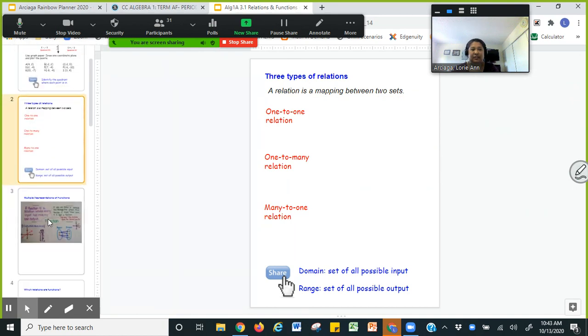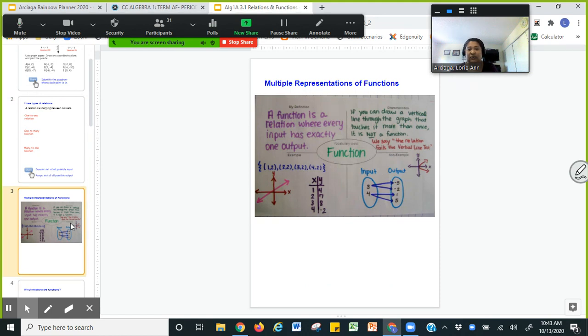Now let's move on to the third slide. Okay, I'm going to give you some time to jot the following down. You need to copy the definition of a function. There you go. So copy the ones that I put a star at and this one also.